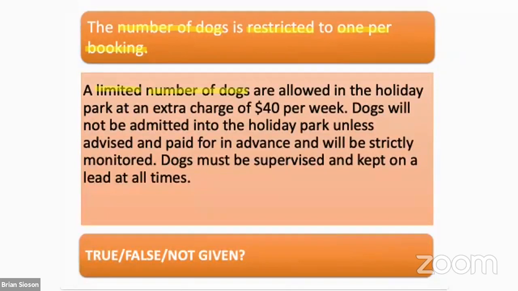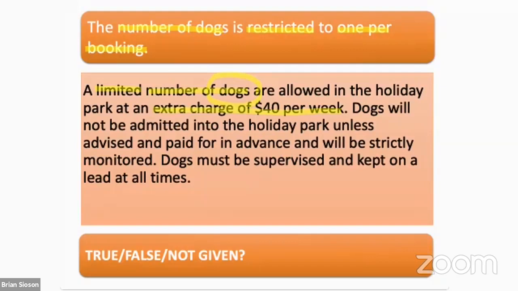Now, here's the million-dollar question. Do we have one per booking? We have information about the charge of $40 per week, an extra charge for every dog. And we have the word dogs here. And here is the problem of your very smart friend. Your friend is saying, sir, if there's a charge of $40 per week, then that means I can take more dogs with me, right?